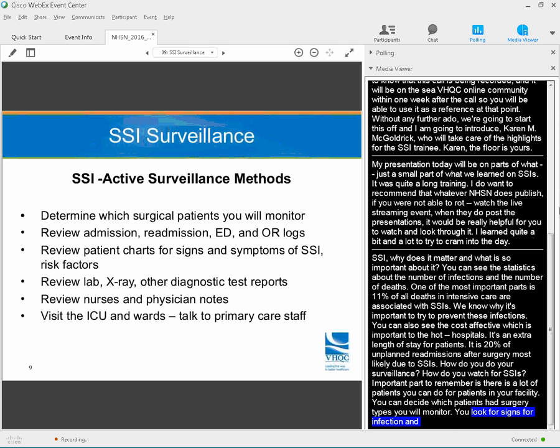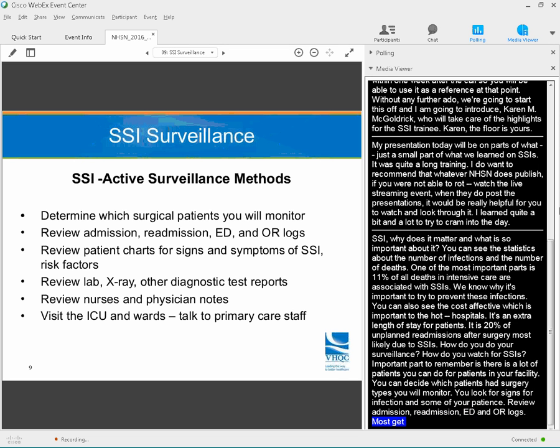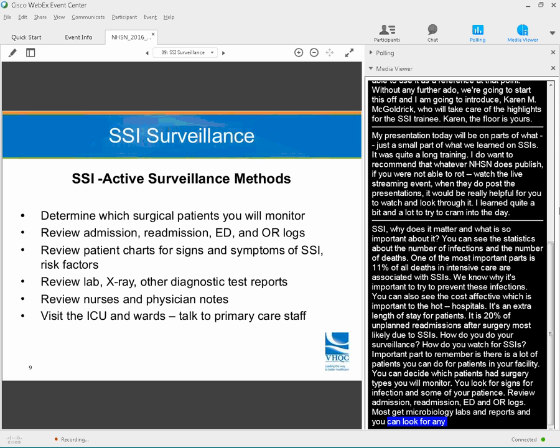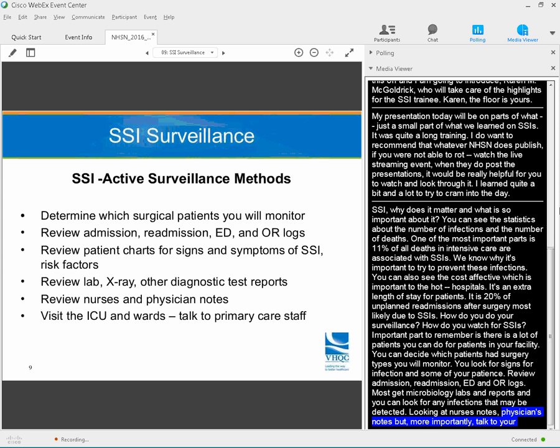Most of us get microbiology labs from our reports. You can review those and look for any infection that might be detected there. Look at your nurses' notes and physician notes, but even more important, go to your surgical units and talk to your staff and watch for things. A lot of times you hear about things that a nurse or someone will alert you about that you might not have known otherwise.